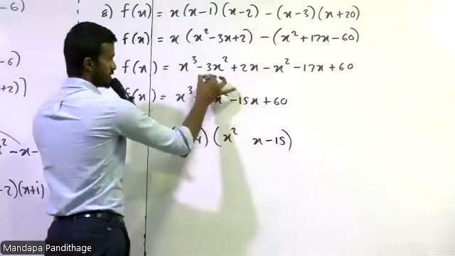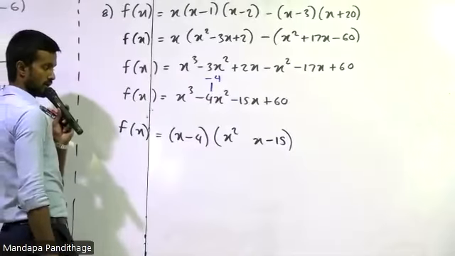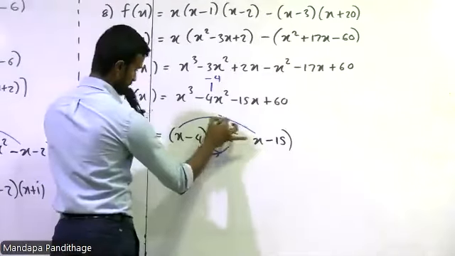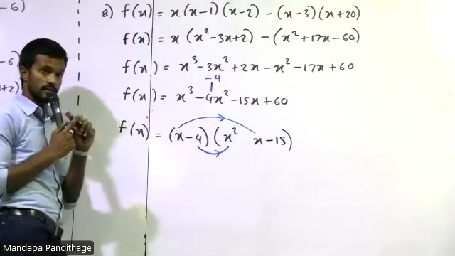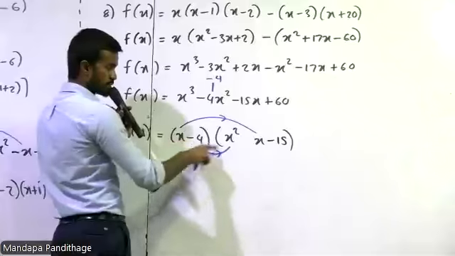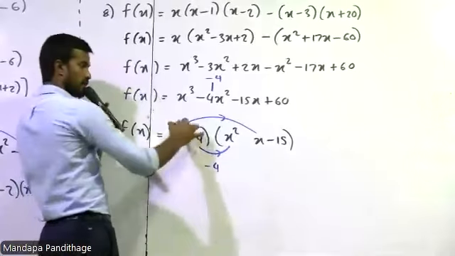Here the coefficient is minus 4. Okay, now look at this clearly. I know I'm getting x squared from two places. From here, minus 4 into 1, it's minus 4. And I'm even getting x squared from here.